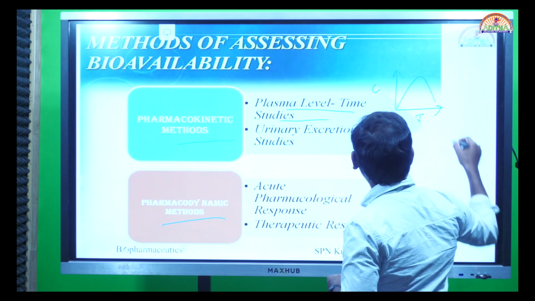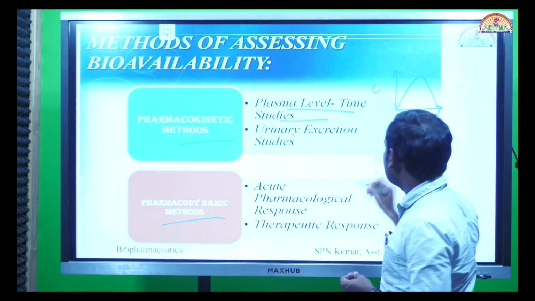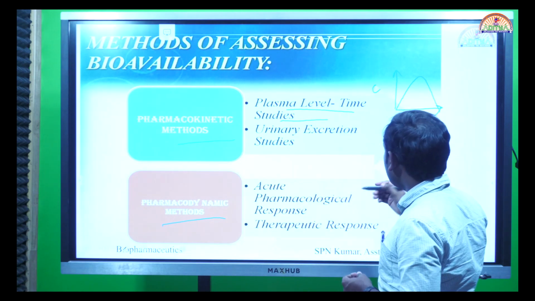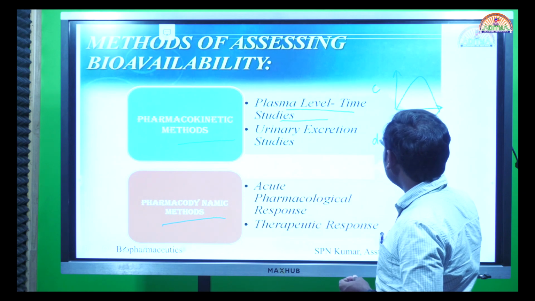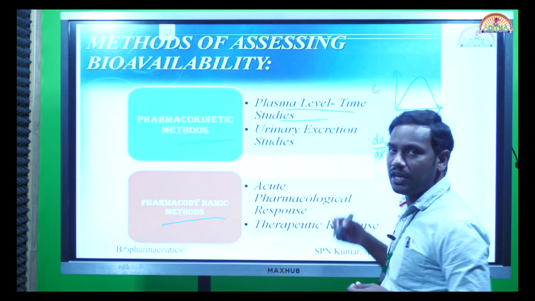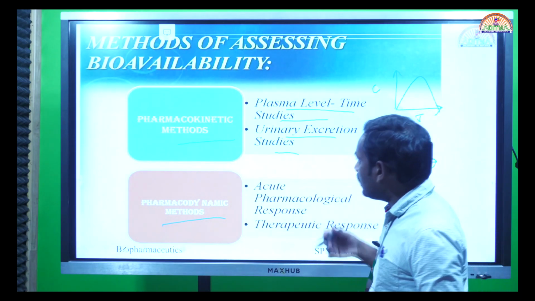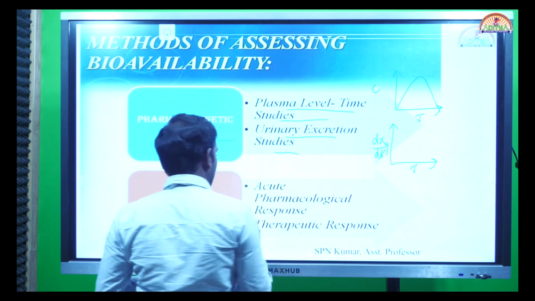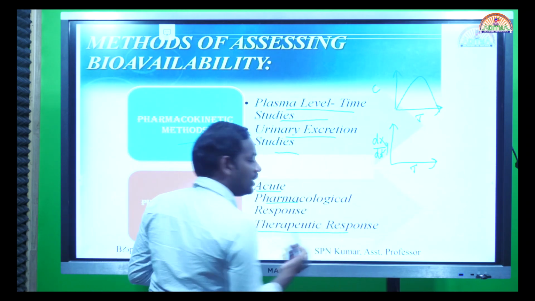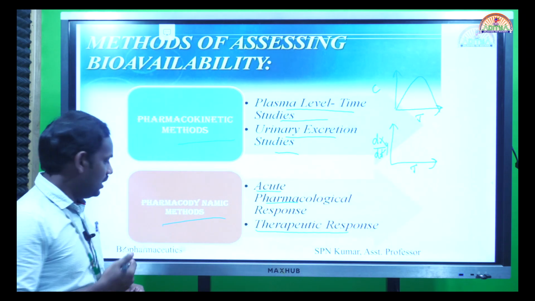We are plotting a curve, so that will give you a plasma level time study. Same thing, if you are taking time and you are measuring the amount of drug which is excreted in the urine per given time interval, it is a urinary excretion study. Other than that, we can also have pharmacodynamic methods like acute pharmacological responses or therapeutic responses. We will discuss each and every header in the coming slides.